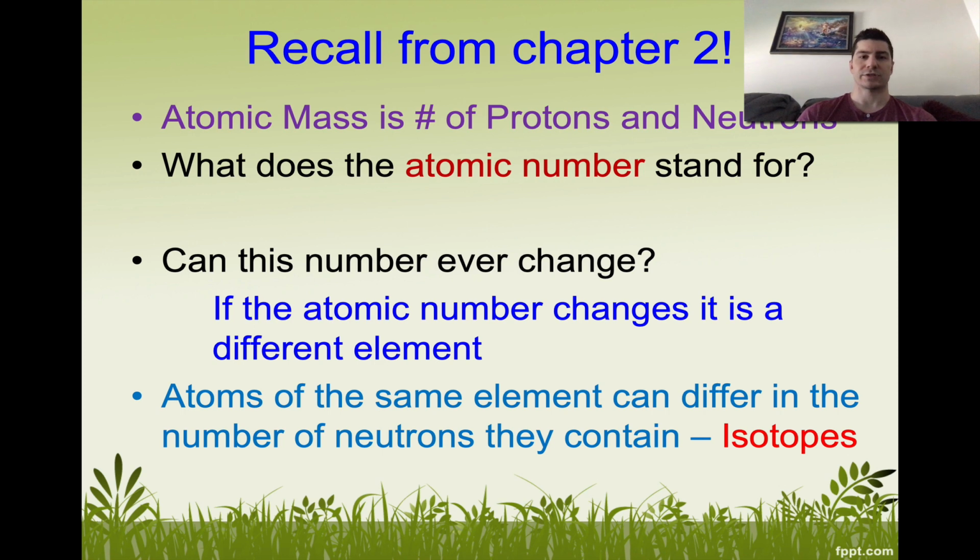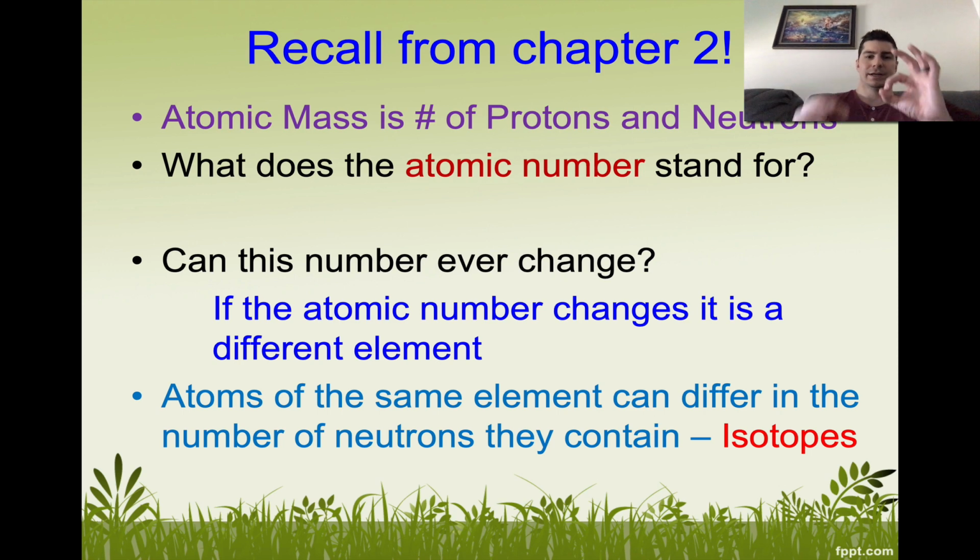So here's a little review from chapter 2, a long time ago. This was the chemistry chapter, but we have protons, neutrons, and electrons. We have a mass, atomic mass, or mass number, whatever you want to call it. That's our number of protons and neutrons, and these are the main subatomic particles of our atom. The protons and neutrons are very large, and the electrons are very little.